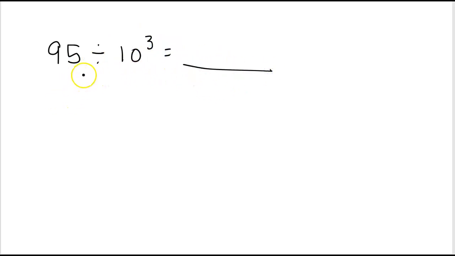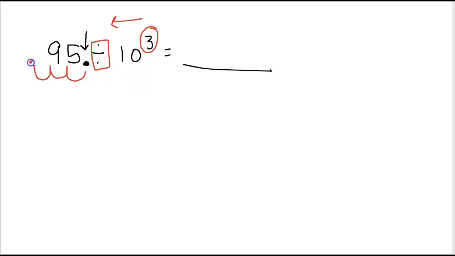Remember, when we have a whole number, there's an understood decimal right behind the ones place. There's my decimal. And our exponent tells us to move that decimal 3 places to the left. Why the left? Because I'm dividing. You move it to the right when you multiply, left when you divide. So if I do that, 1 place, 2 places, 3 places.